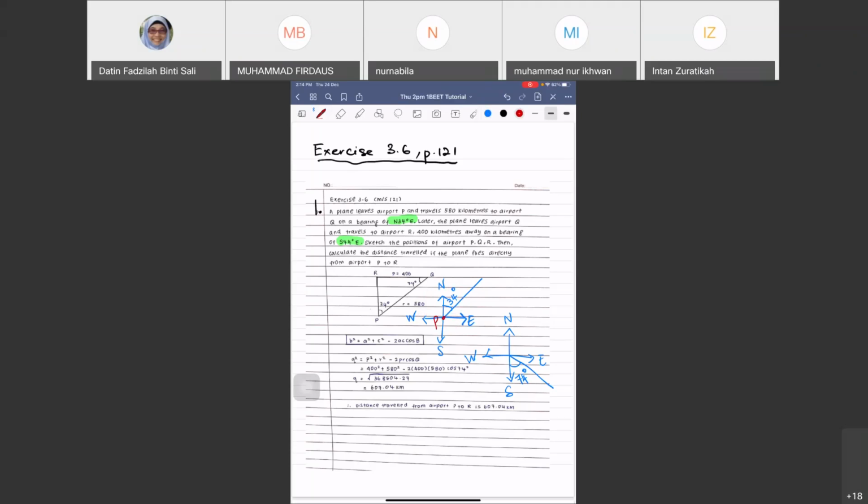You travel in this direction and you reach Q, so you are going to put it up here.